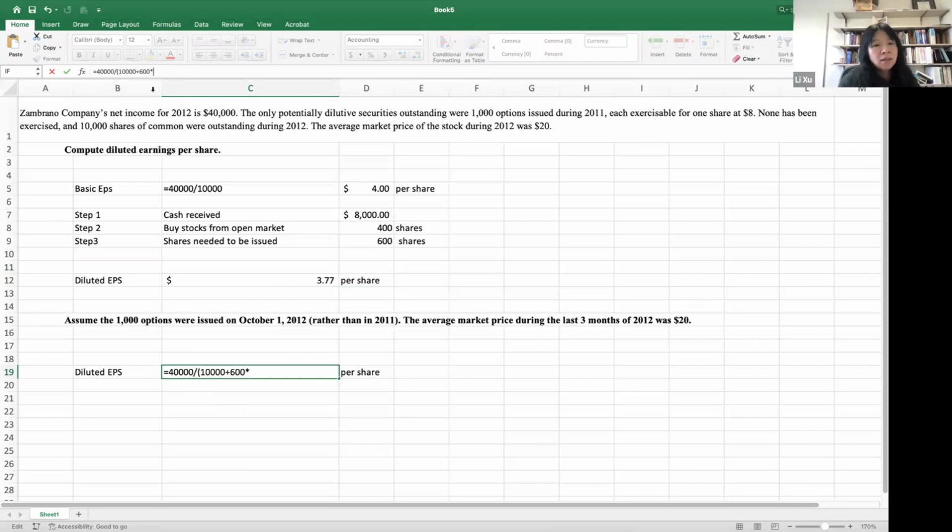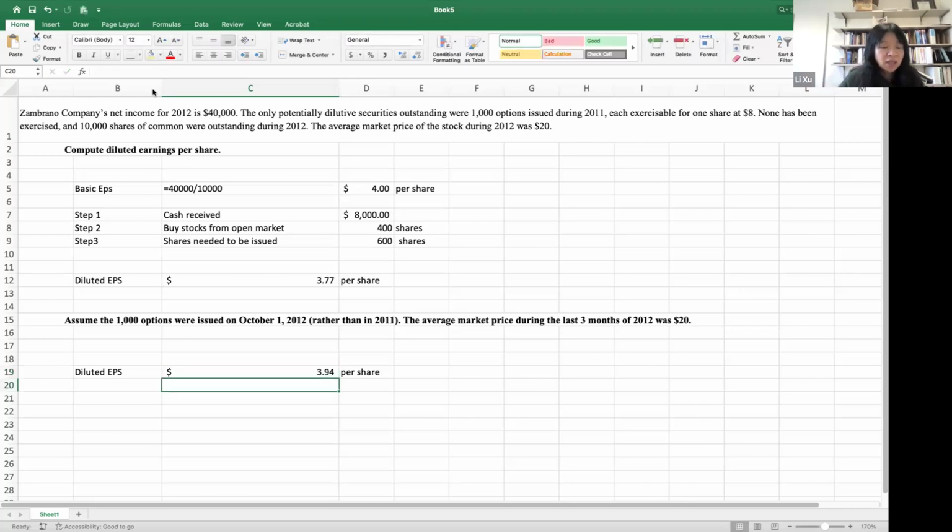How many months do we adjust for? You issued on October 1st. From October 1st to December 31st, it's 3 months: October, November, and December. So 3 out of 12 is your adjustment. Therefore, the calculation gives $3.94.